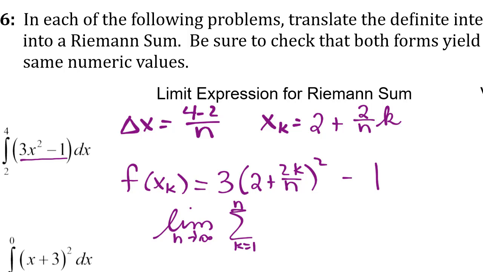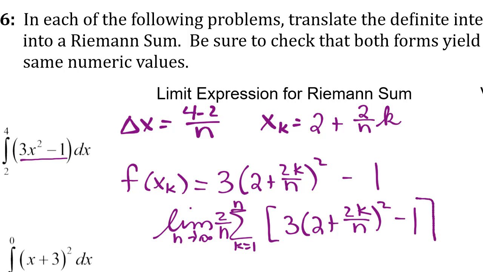So we said that was 2 over n. Because there's no k in that, I can write that 2 over n outside of the summation, and it would have been delta x times f of x sub k. Well, our f of x sub k is 3 times (2 plus 2k over n) squared minus 1. All right, that's what we got.